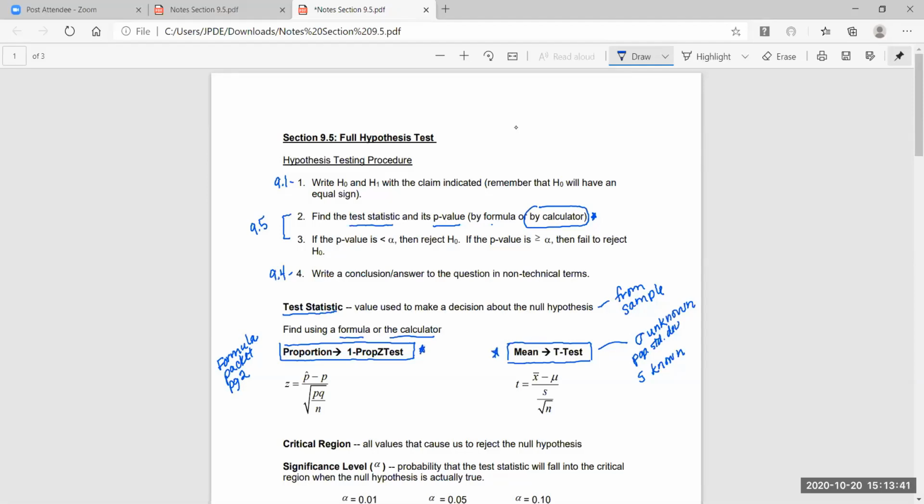If we look at the formula, you'll see some familiar notation. P hat, remember, is your sample proportion, which is x over n. P is your population proportion. And Q, remember, is the complement, 1 minus P. N is your sample size.